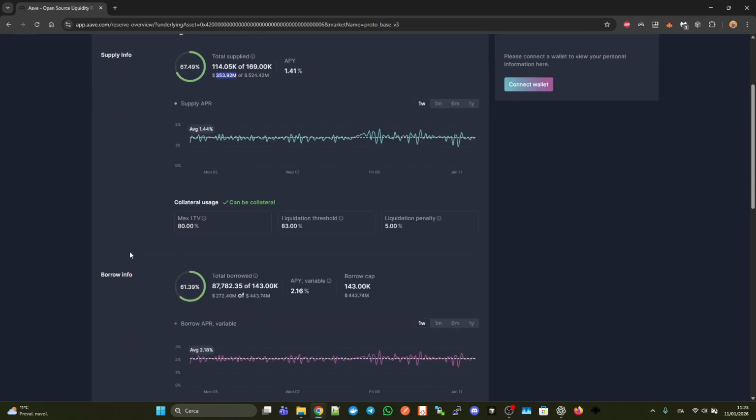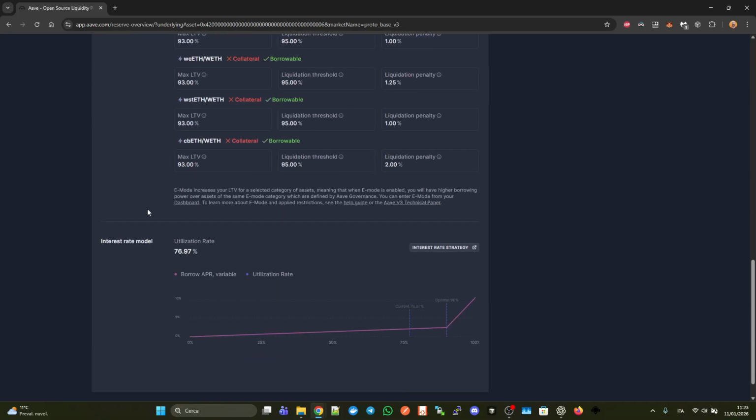This is a good utilization rate, but it is important because of the interest rate model that Aave uses. If the utilization rate is low, as you can see, the borrow APR, so the interest that you pay when you borrow money, is lower. If the utilization rate reaches this 90%, after this value it grows very fast, with a steeper line.